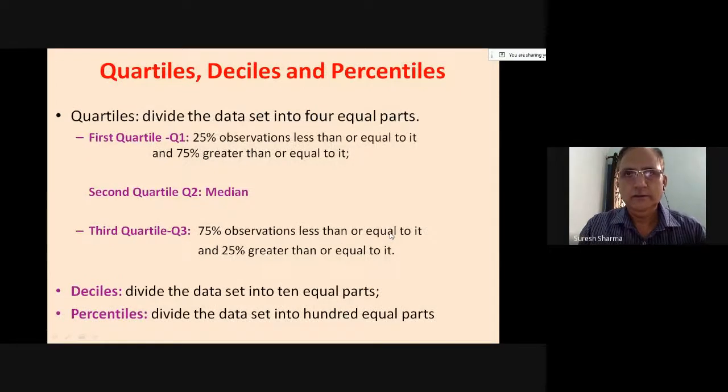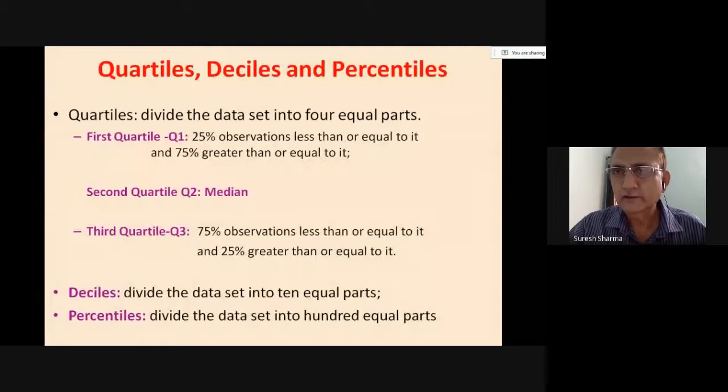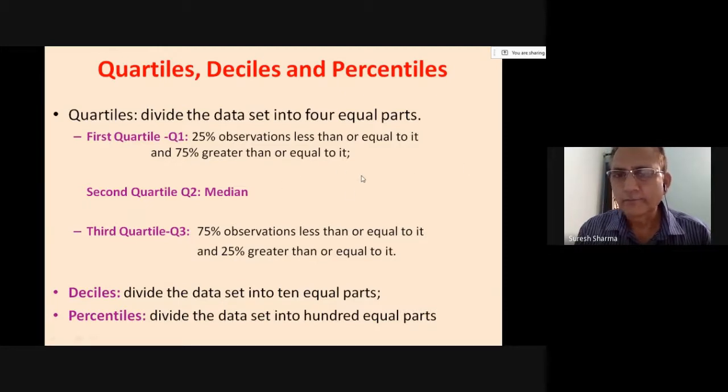And when we divide the data into two equal parts, the central point is called the median. When we divide the data into four equal parts, they are known as quartiles. For example, if there is a line, the central point will be the median.